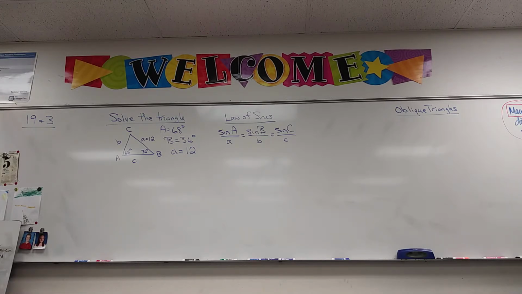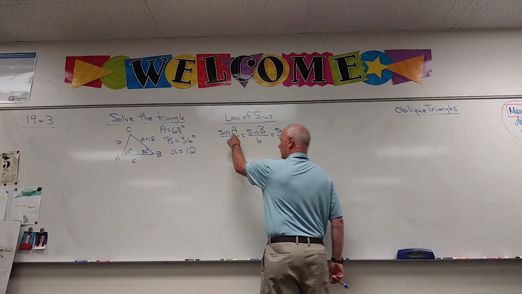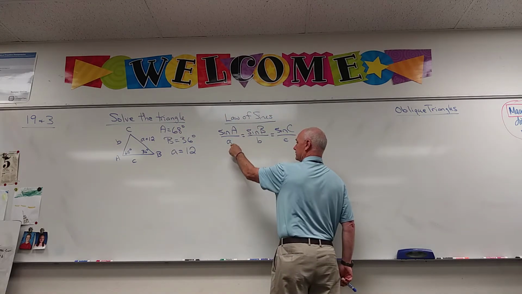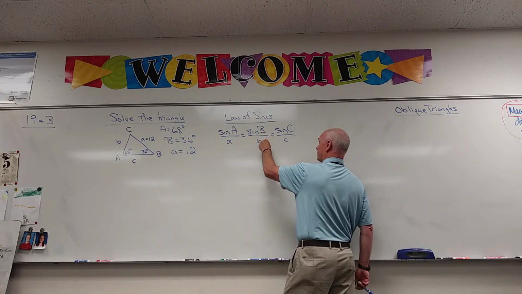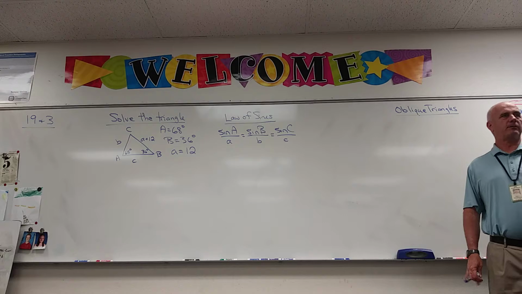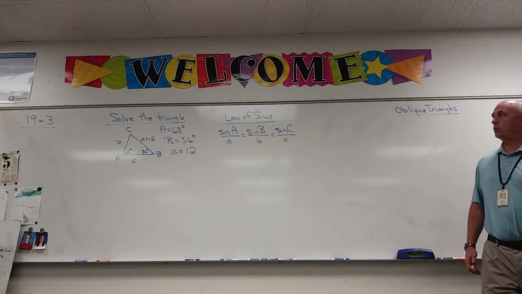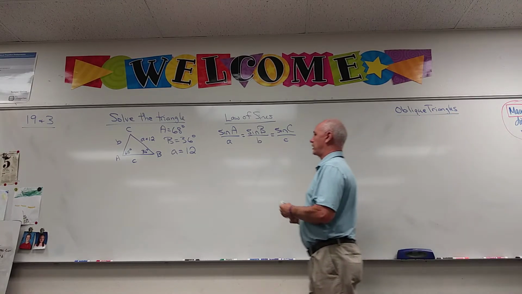Three pieces of information, and two of those pieces have to be the same letter. We have to have an angle and a side A, or an angle and side B, or an angle and side C. We have to have two things that are the same letter, otherwise we can't use law of sines. Okay? In this case, do we have that? Okay, so can you set up law of sines for me with this problem?